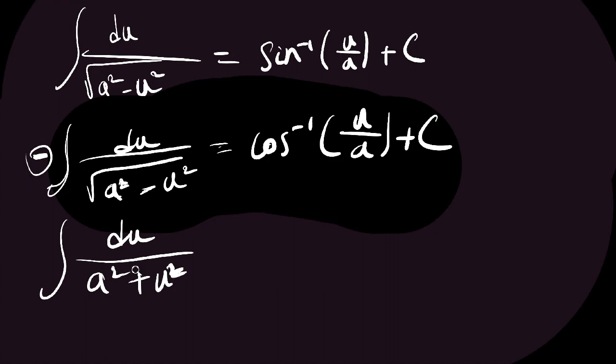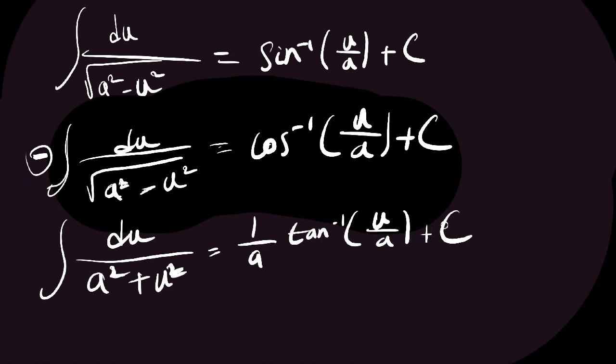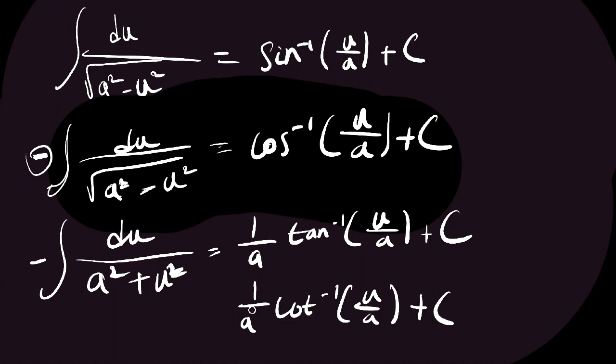So if there is no square root, it will be as simple as 1 over a times arctangent, or tangent inverse, of u over a plus c. And for cotangent, if you see a negative, it's 1 over a cotangent inverse of u over a plus c. Which is pretty simple. Keep that in mind.